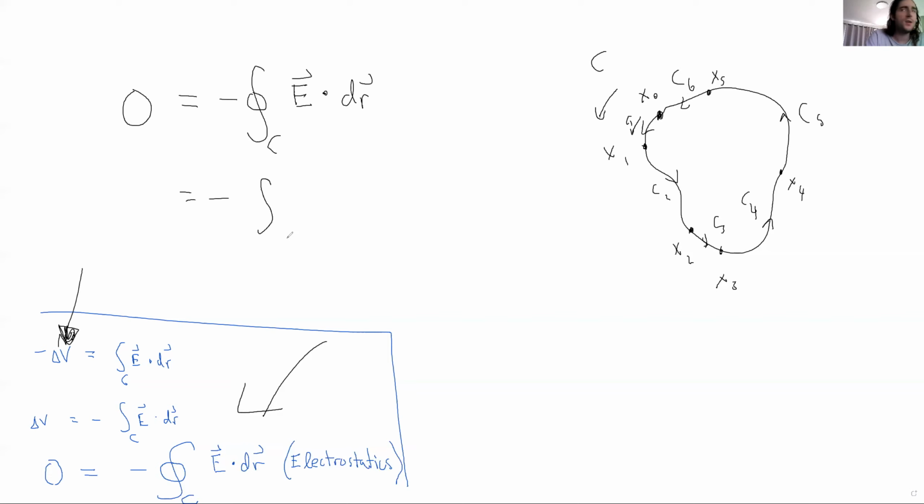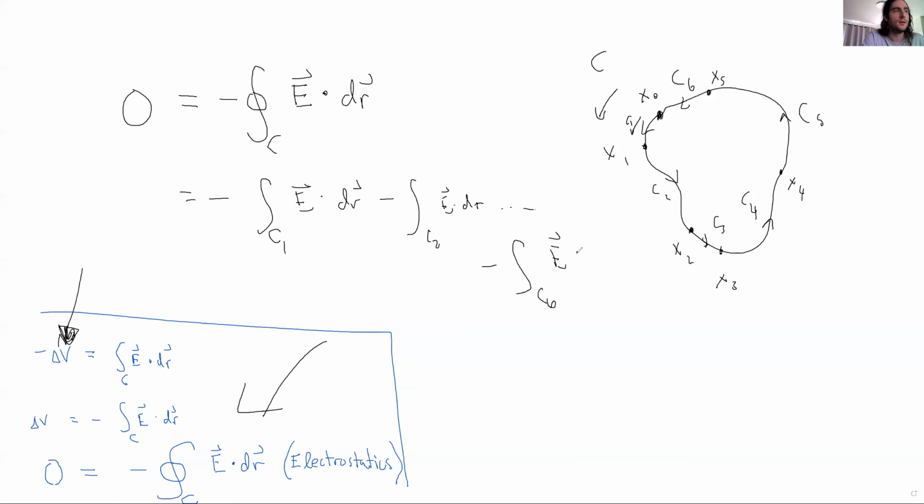So now we'll say integral, no longer a closed integral. We're breaking it down into individual paths now. Integral C1 E dot dr, minus integral C2 E dot dr, and so forth, all the way out to minus integral C6 E dot dr.